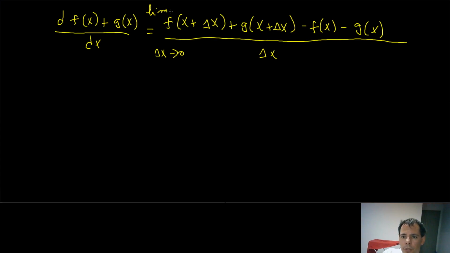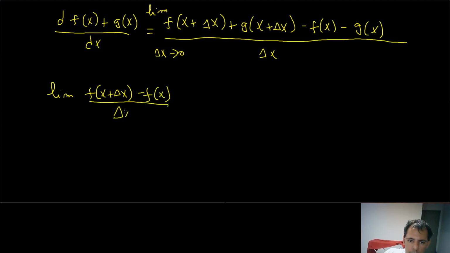Well, all you have to do is put this thing here and this together. I know it's a lot of writing, but I'm going to do it. All you have to do is rearrange this, so it's going to be the limit of f of x plus delta x minus f of x divided by delta x as delta x goes to 0. Oh yeah, and then you can sum limits too, right?